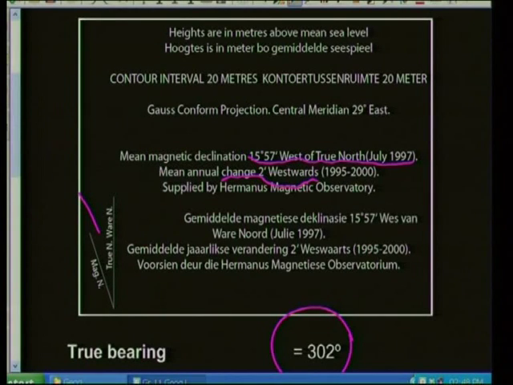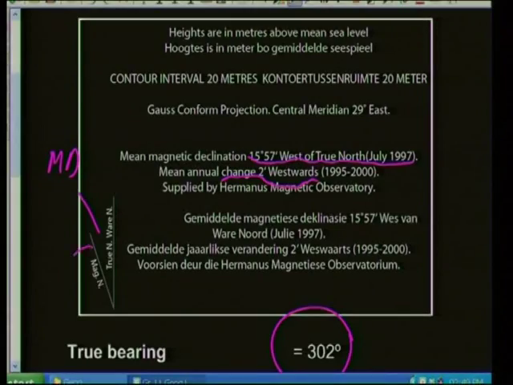Now, learners, don't try and learn this off. Here is a simple technique to tell you whether you need to add or subtract. This is the magnetic declination, the MD. The easiest way to remember this: the true north line is a fixed line, and the magnetic north is a line that moves. So if this line moves westwards, what happens to the angle?